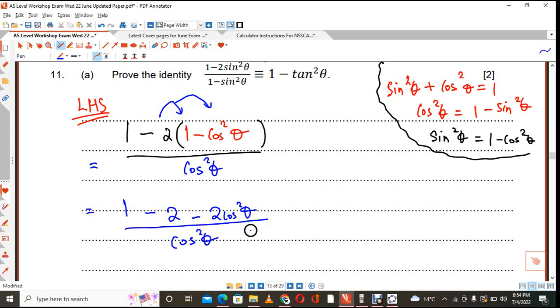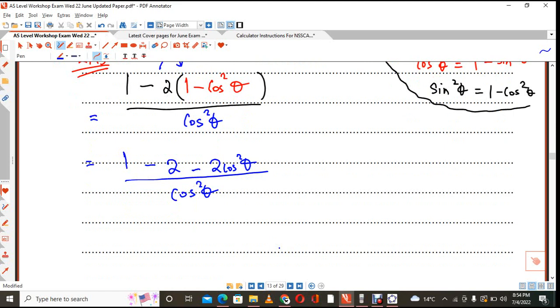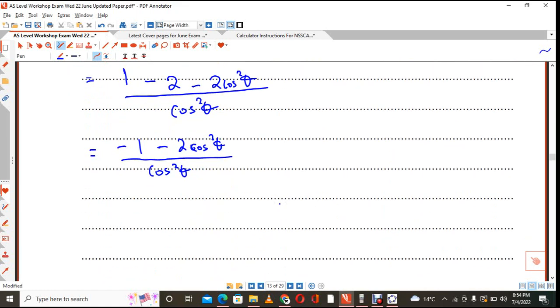Okay, not totally done yet. The numerators there, they becomes minus 1. It's minus 1 minus 2 cos square theta over cos square theta. So I'm just going to separate the two because over a common denominator.